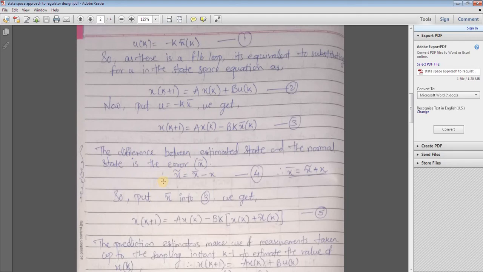Now after putting this value of x bar in equation number 3, we get x of k plus 1 equals A x of k minus B K, in brackets x of k plus the error, which is equation number 5.